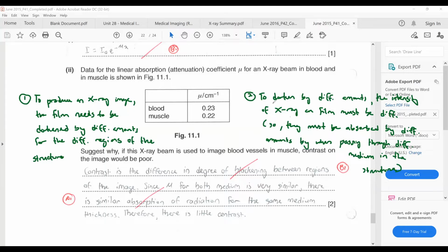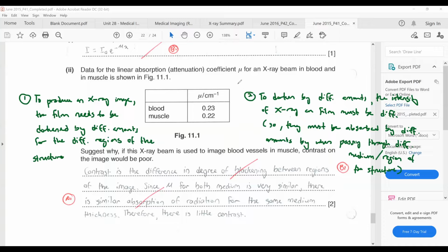Let me just change this last sentence a little.